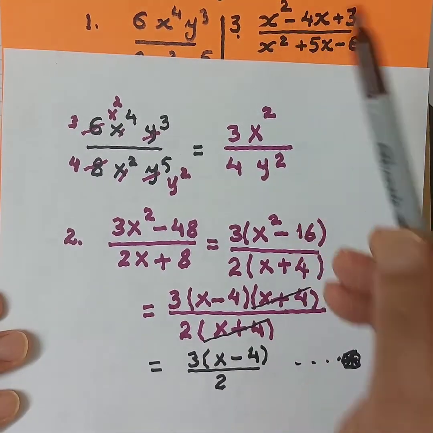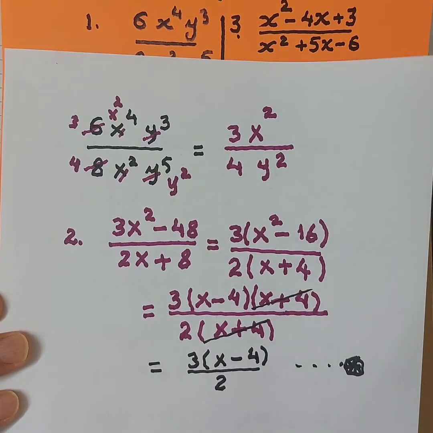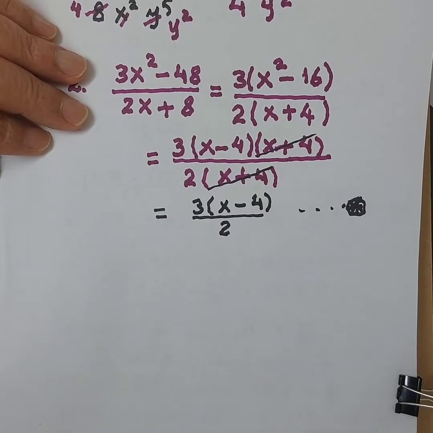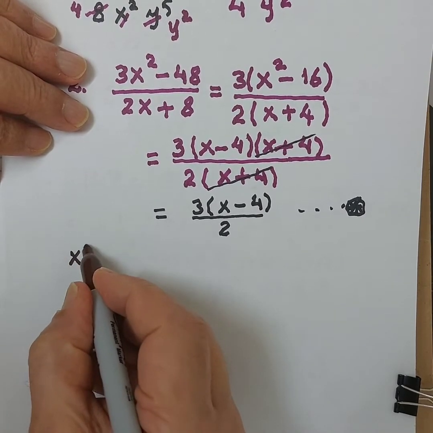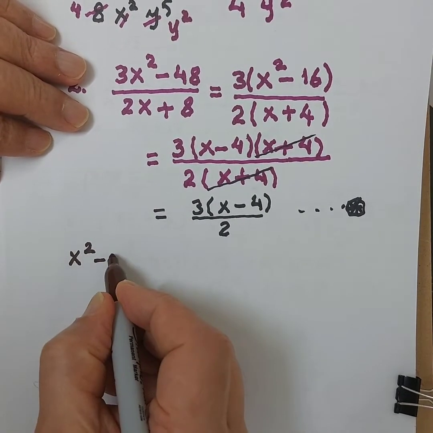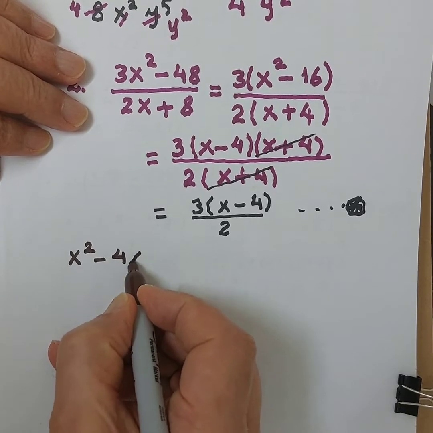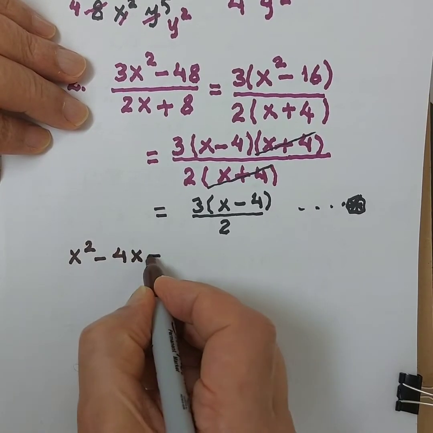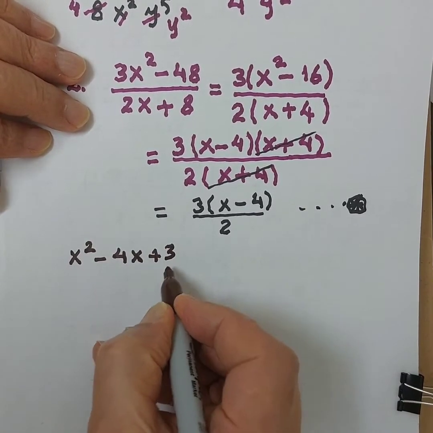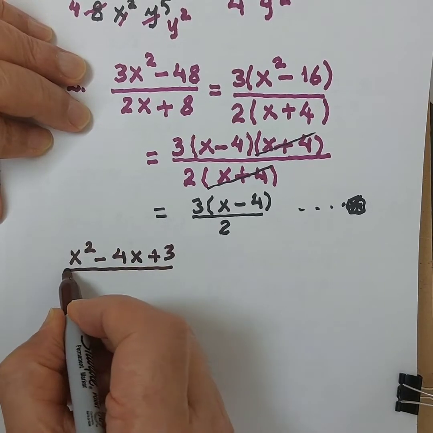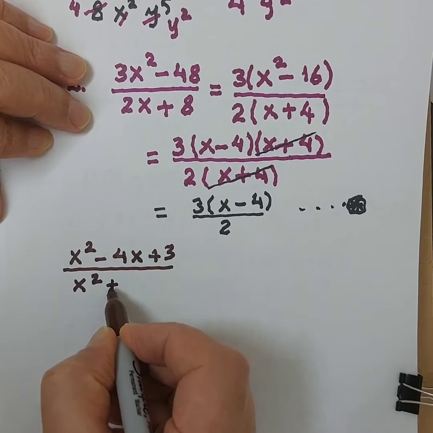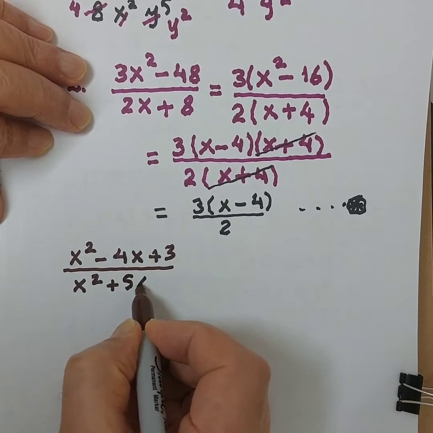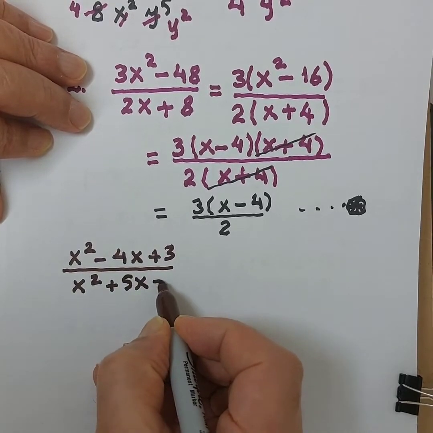If we write the expression first, it is x squared minus 4x plus 3 over x squared plus 5x minus 6.